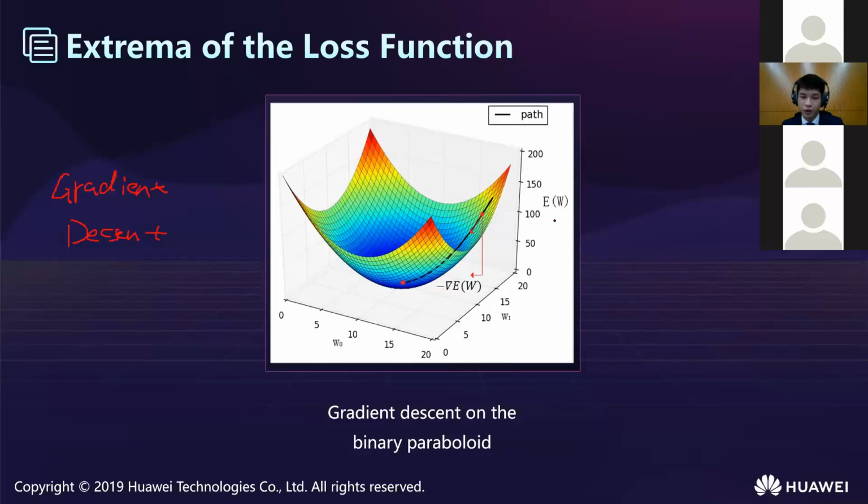Okay, so what is gradient descent? Actually, it's very easy to understand. We only need to calculate the derivative of the loss value with respect to one weight, and we can use partial loss over partial weight to calculate the gradient.